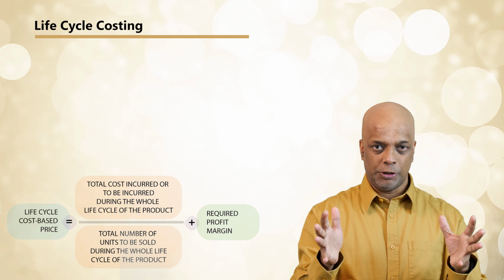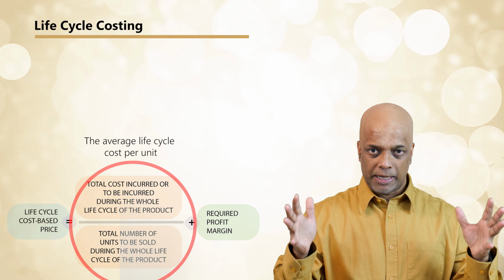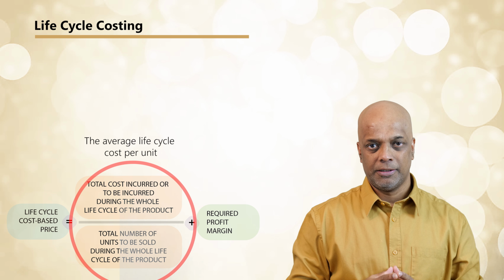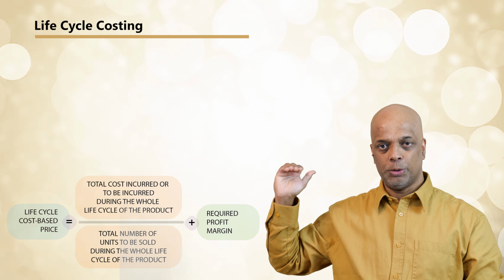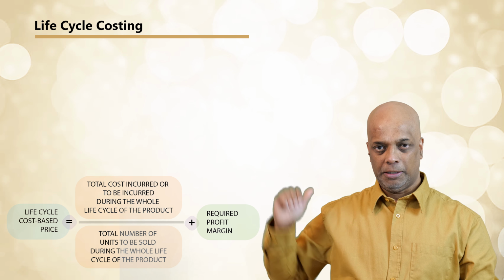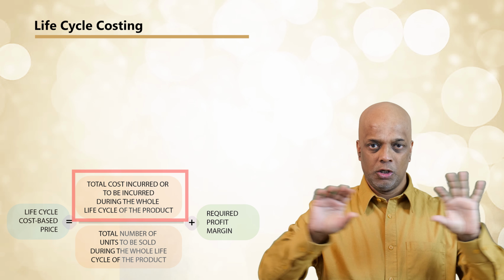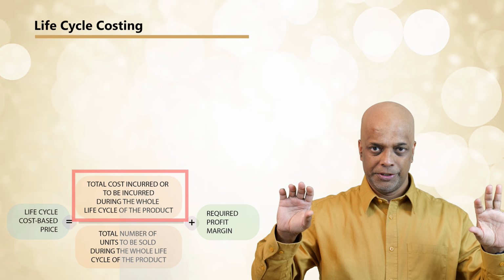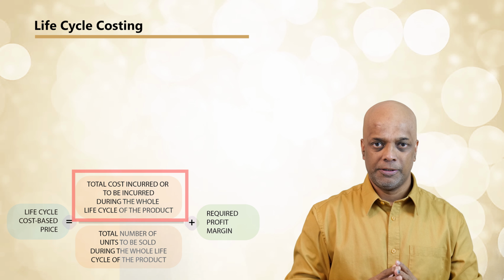Now, according to this formula, you would first calculate the average life cycle cost of the product for the life cycle of the product. To do that, you need to estimate two elements. The first element is the total cost to be incurred throughout the life cycle of the product.